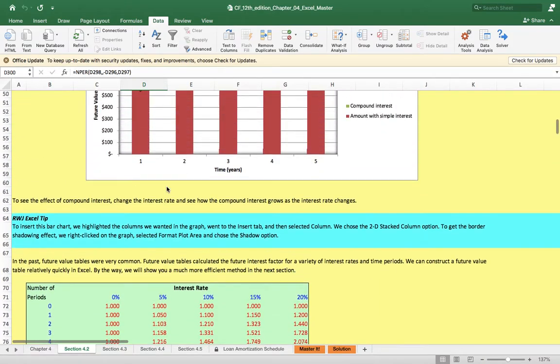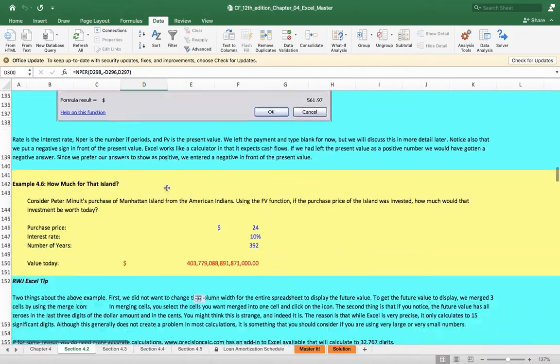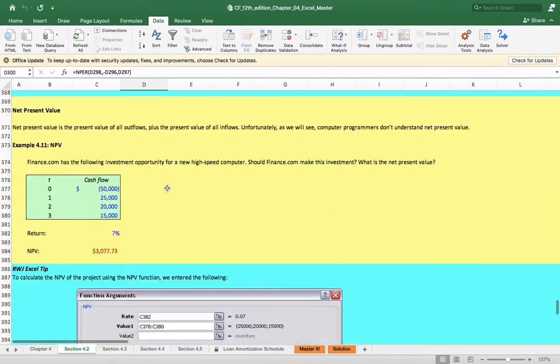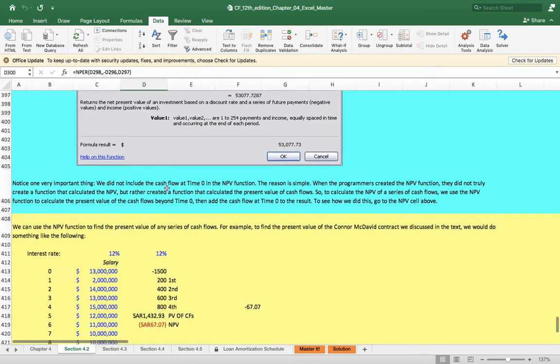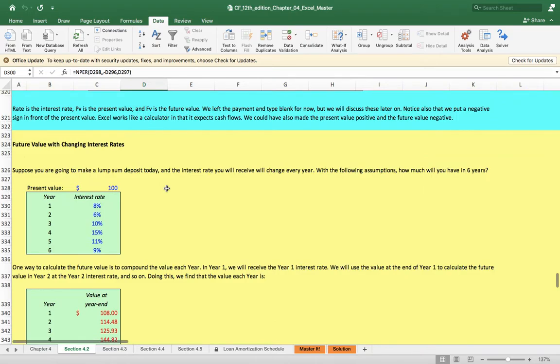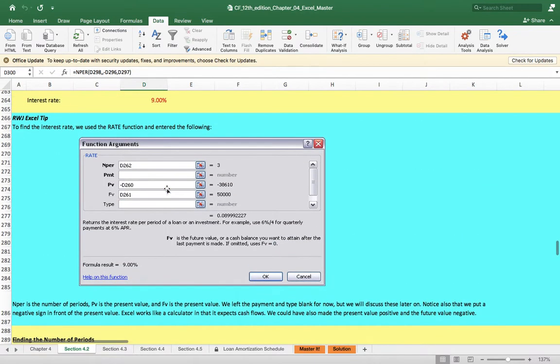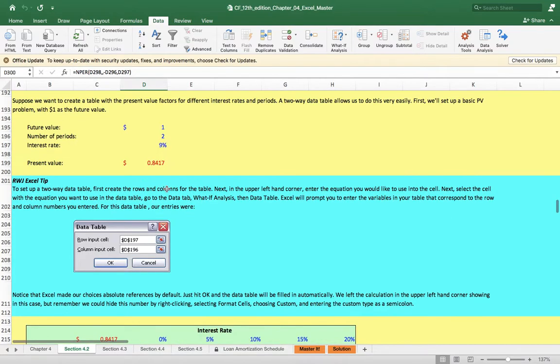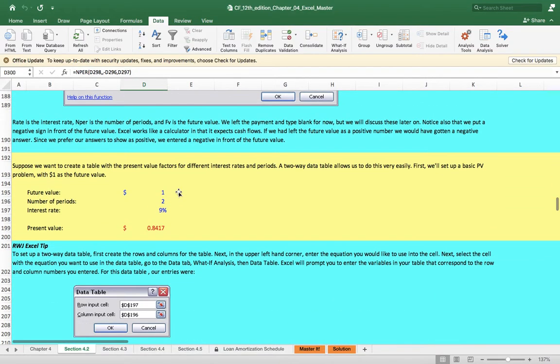The future value here. Go down completely. This is the present value given. You can do it for future value also.